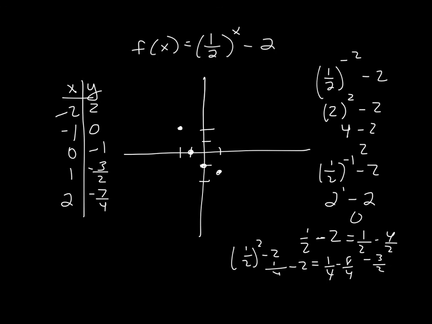Something like that. And then 2, negative 7/4, which is negative 1 3/4, which looks like about right there.